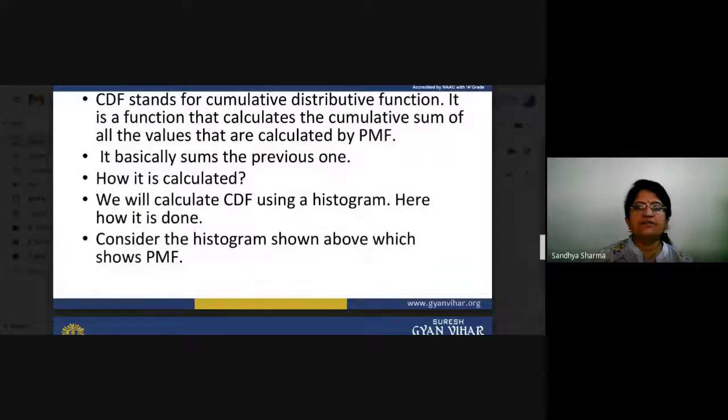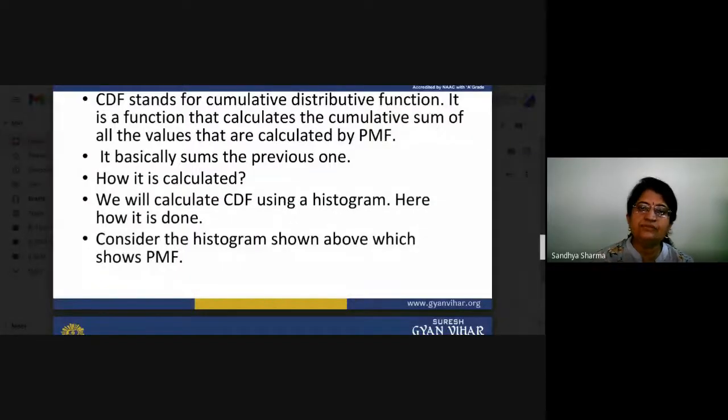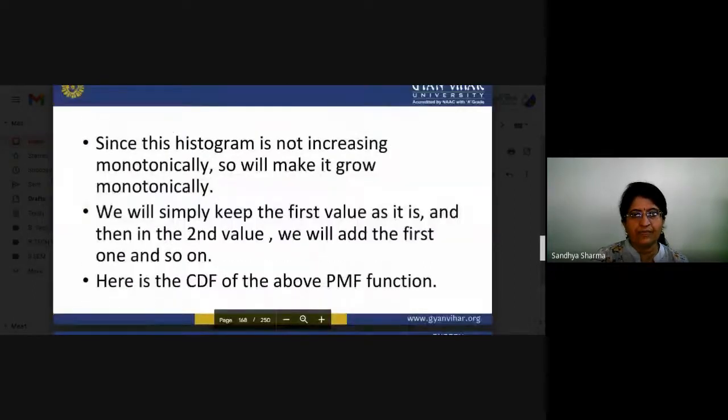CDF stands for cumulative distribution function, and it is a function that calculates the cumulative sum of all the values calculated by PMF. So basically, we sum the previous ones. We will calculate the CDF by using a histogram. Consider the histogram shown in the PMF.